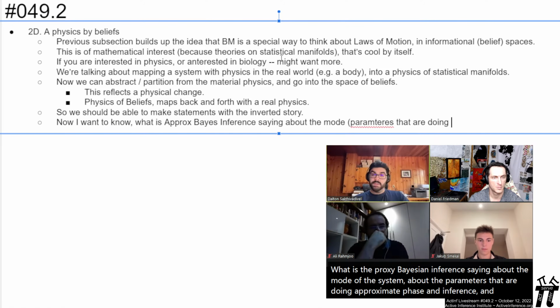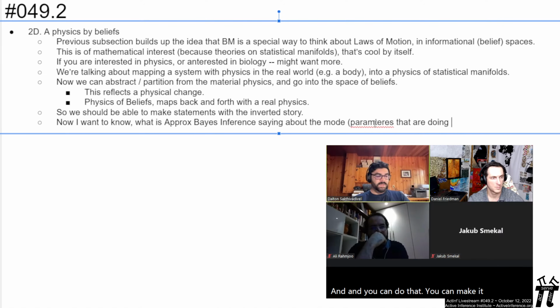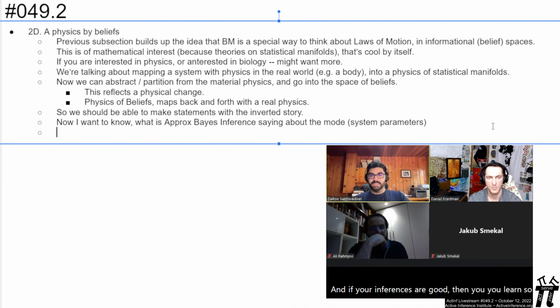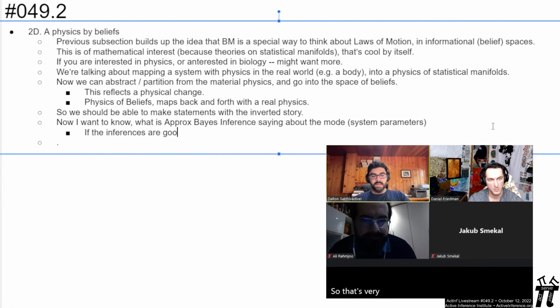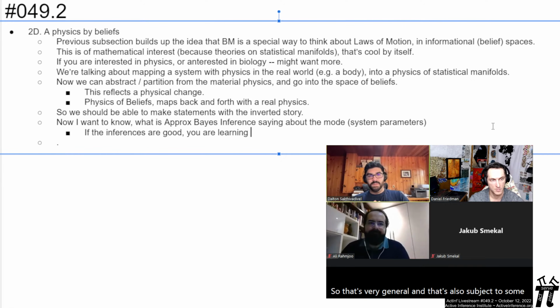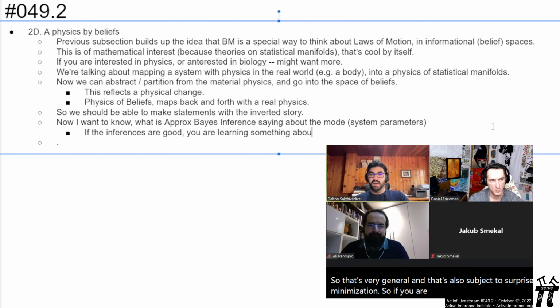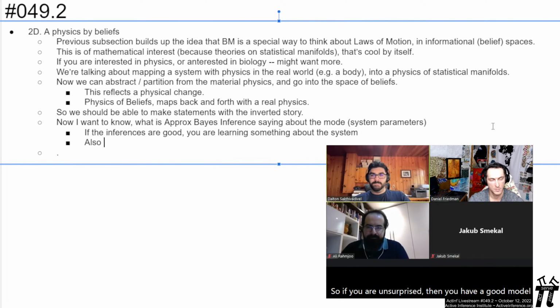And you can do that. You can make inferences about the system itself. And if your inferences are good, then you learn something about the system. So that's very general, and that's also subject to surprisal minimization. So if you are unsurprised, then you have a good model of the system.